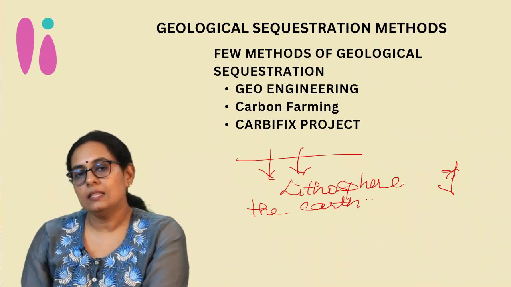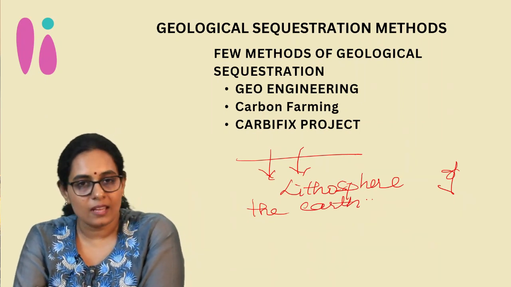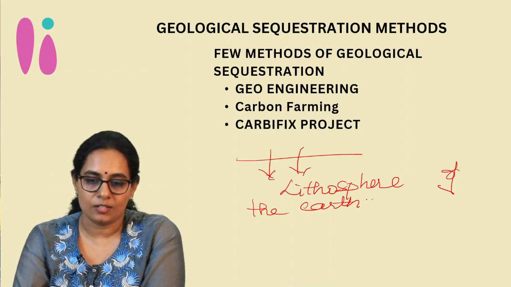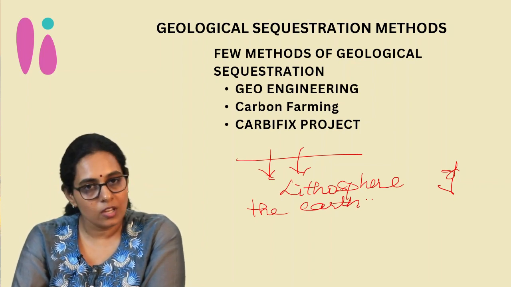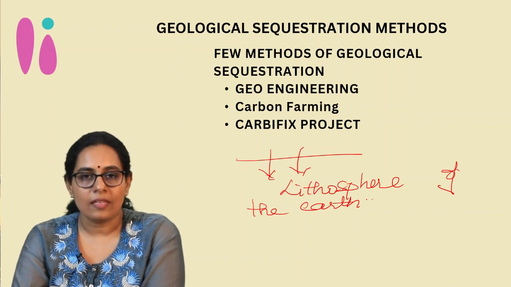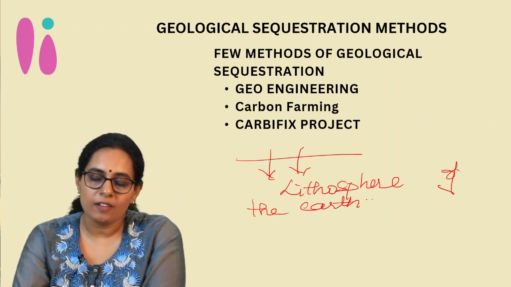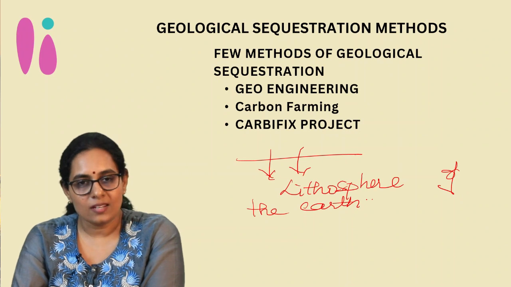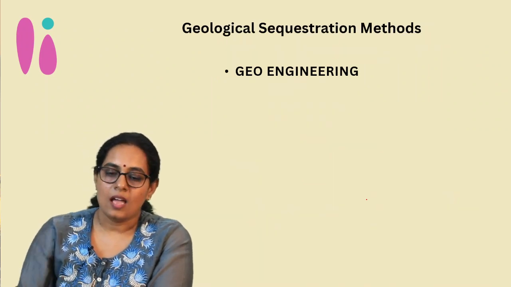When we see these geological methods, there are three popular methods. One is geoengineering, the second is carbon farming, and the third is the Carbfix project. So let us see what geoengineering is.